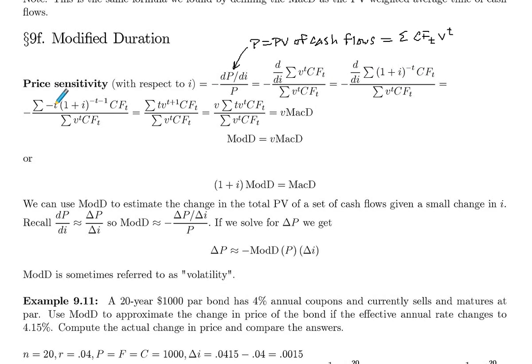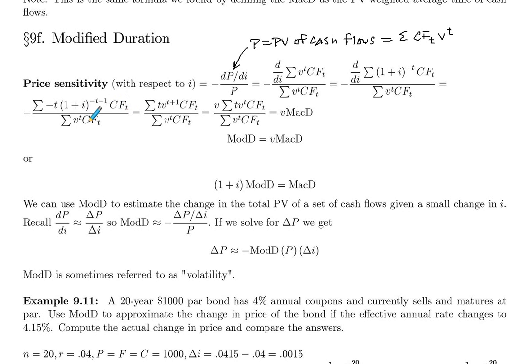Here it is. And to differentiate this sum, we're going to do the sum of the derivatives. And each derivative is the exponent comes down in front, negative t, decrease your exponent by 1, negative t minus 1, and then times the derivative of the inside with respect to i, but that's just 1. And then our cash flows are constant, so they just come along.